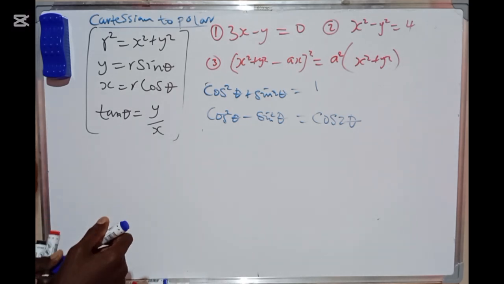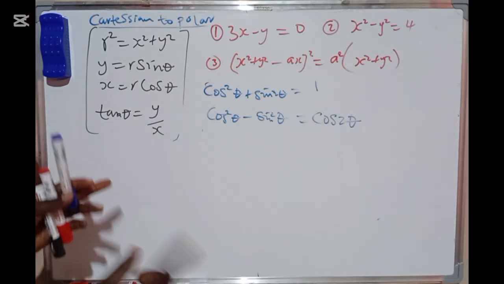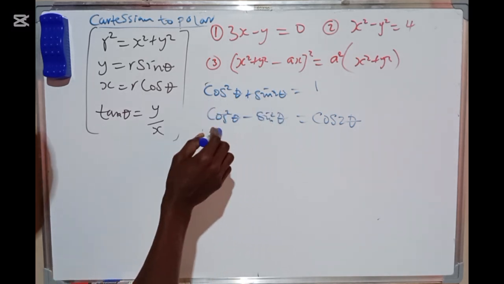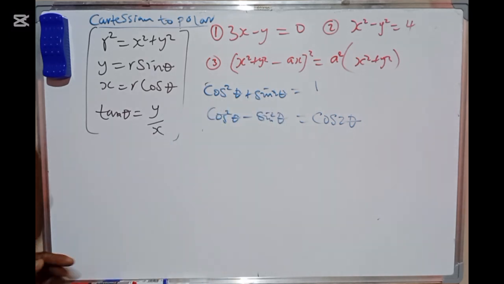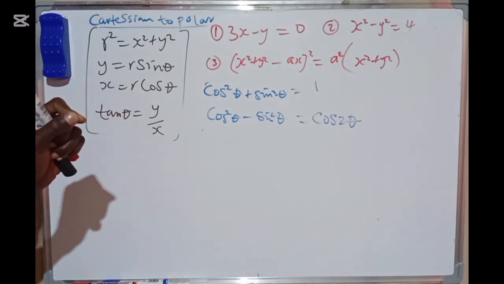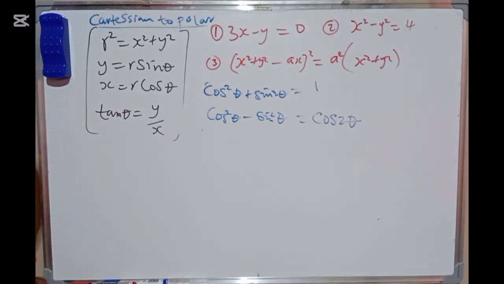In solving one or two of these problems, we're going to make use of these identities. Anywhere we have cos squared theta minus sine squared theta, we substitute it with cos 2 theta, and cos squared theta plus sine squared theta is equal to 1. So the sign is what differentiates the two.